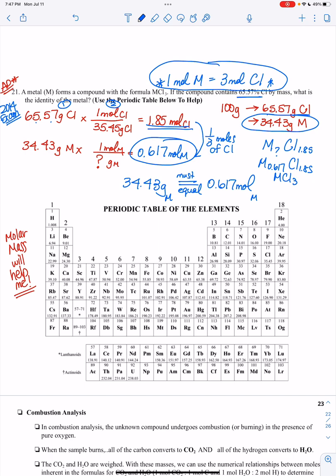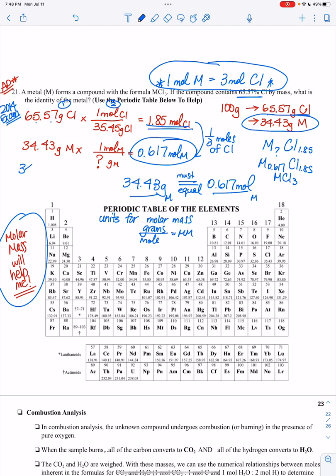Molar mass is going to help me. Now, this is the first time we're seeing something like this. But remember, units for molar mass are grams per mole. I could actually identify the molar mass of this metal if I take this grams and divide by this moles.